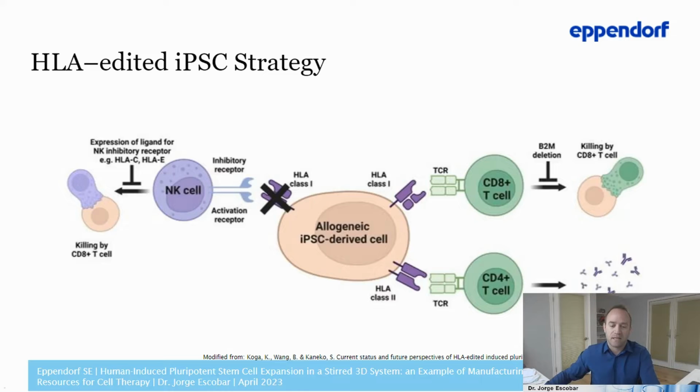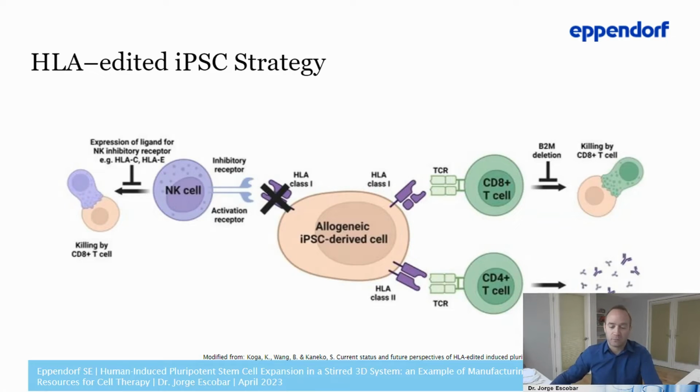As you see in the slide, in order to delete HLA expression, both HLA class 1 and HLA class 2 must be deleted. But these regions are very large, so it's very difficult to delete them by gene editing.